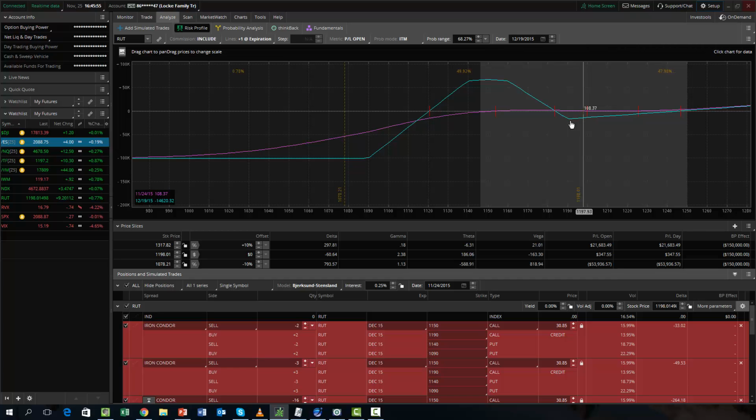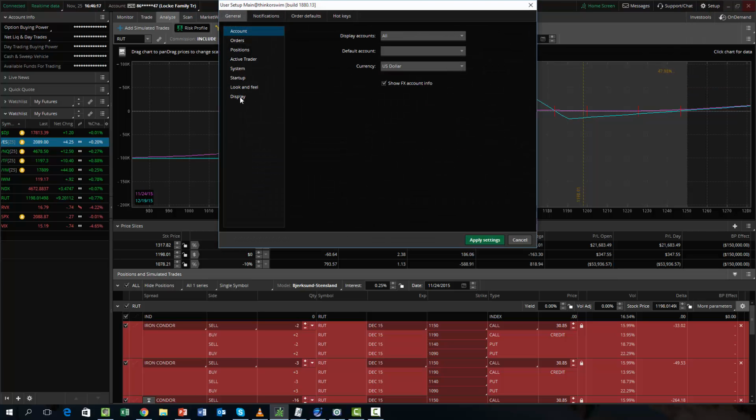If I want to know my real profit and loss, I actually have to go into my account and come into these slices, take a look at all my options, what they've made and what they've lost, and see what the actual number is. That is actually sometimes different than this, but this is usually fairly close on this setting.